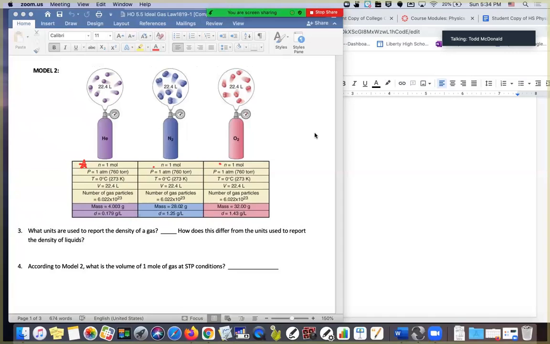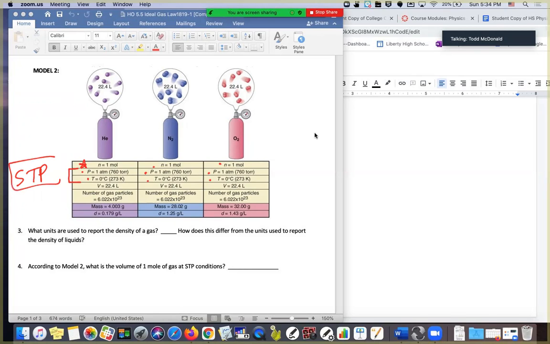And we're going to keep them at what we call standard temperature and pressure. That's what the conditions are here. We've got 1 atmosphere, which is equal to 760 torr or millimeters of mercury. We do that for all of them. And then our temperature is 0 degrees Celsius, which in Kelvin is 273.